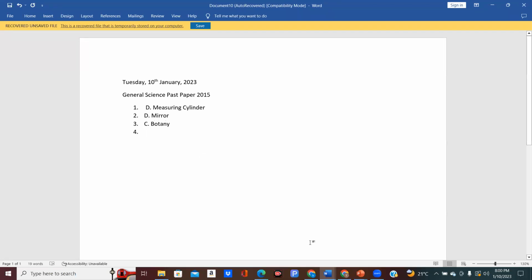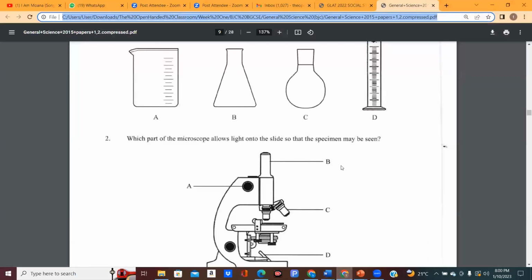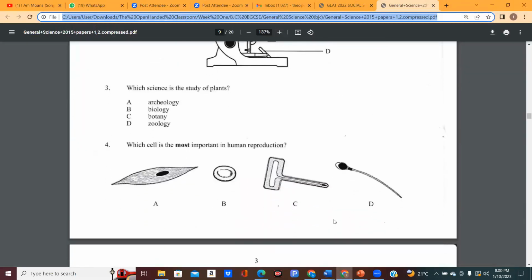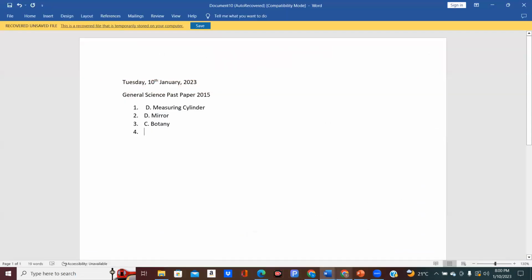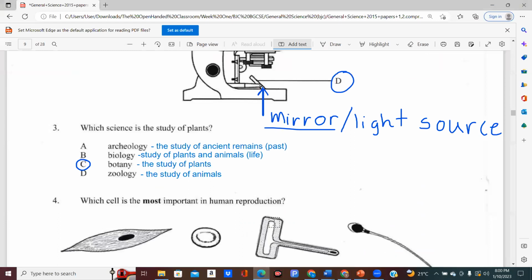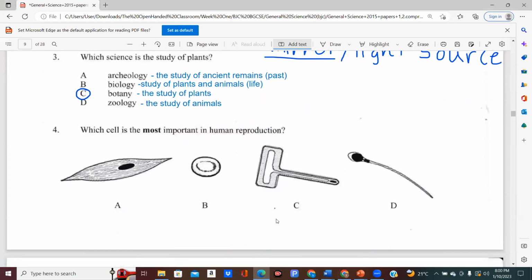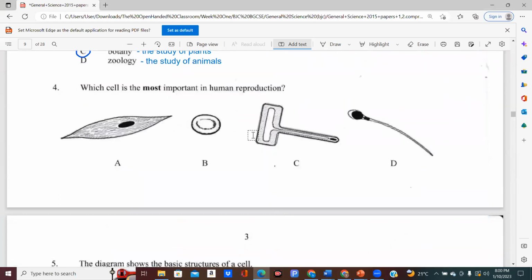Number 4. Number 4 is D. Which cell is the most important in human reproduction? D. What is D?